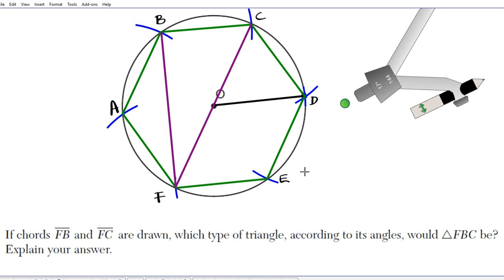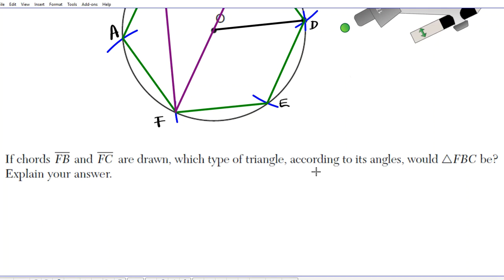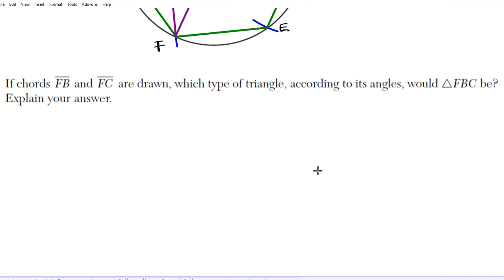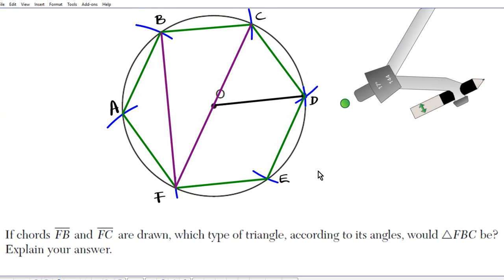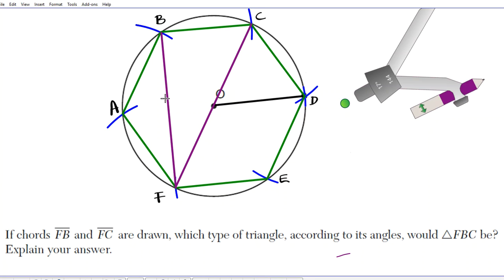So we have an inscribed triangle, and one of the sides of the inscribed triangle is the diameter. So what do you recall a theorem about that? It's called Thales theorem, which basically says that if you inscribe a triangle in a circle and one of the sides is a diameter, then you have a right triangle.